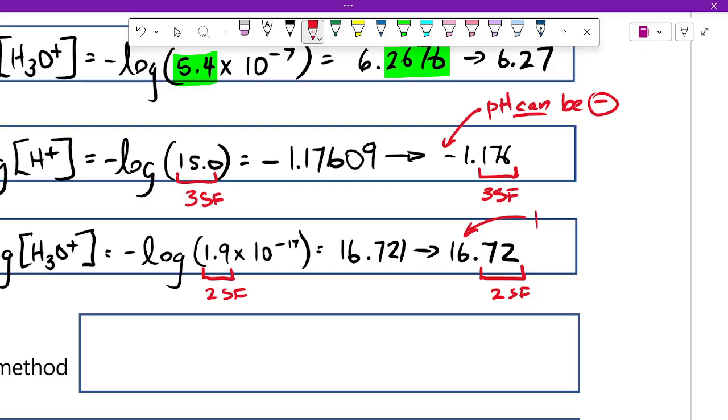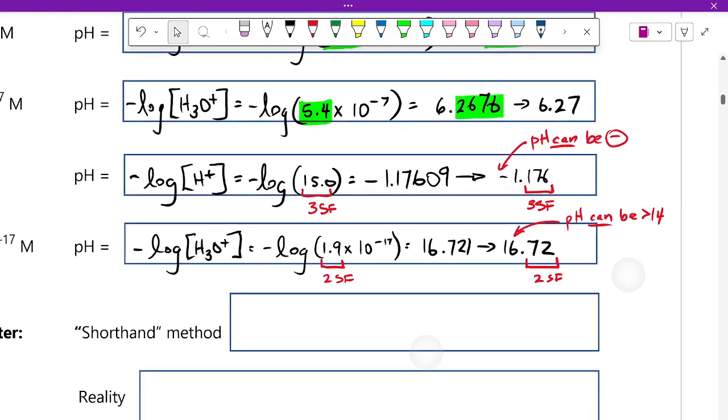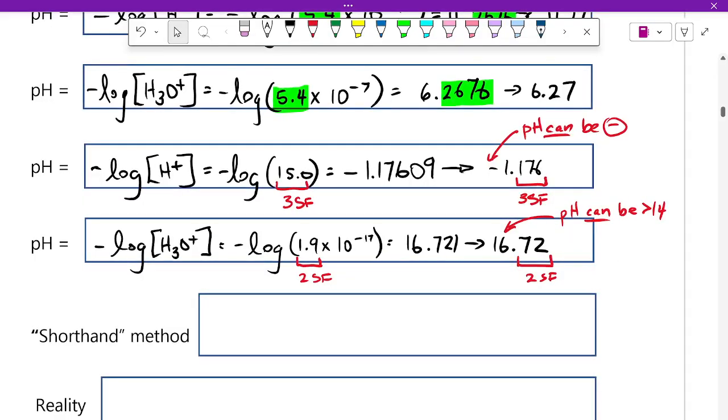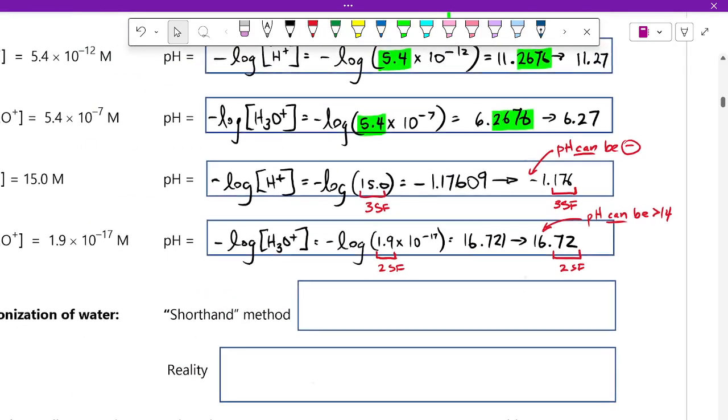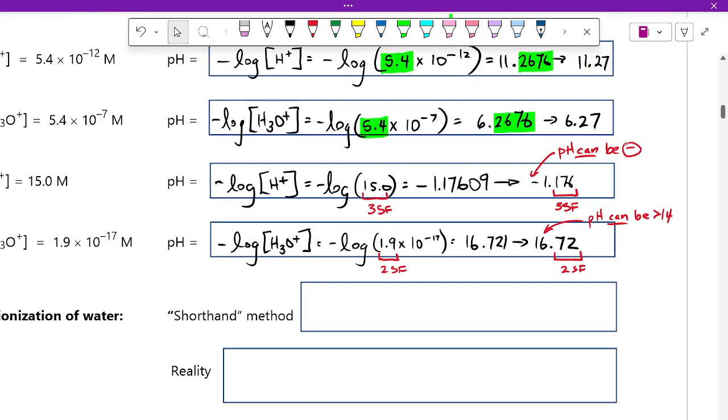So pH can be greater than 14. You would have to have a very high concentration of hydroxide, which would drop the concentration of hydronium very much. All right, are we good with that?